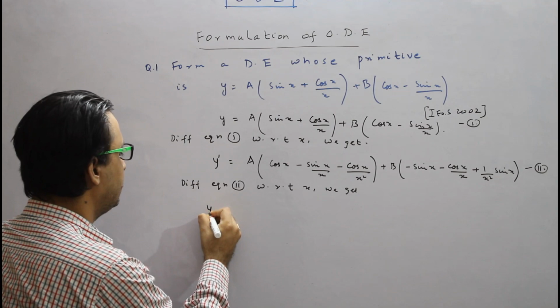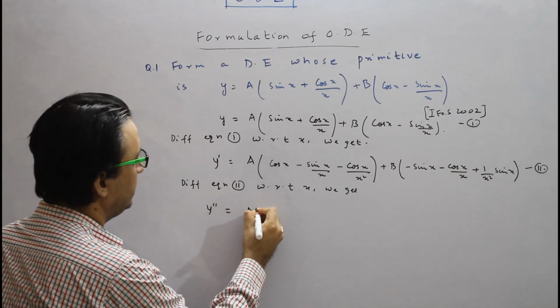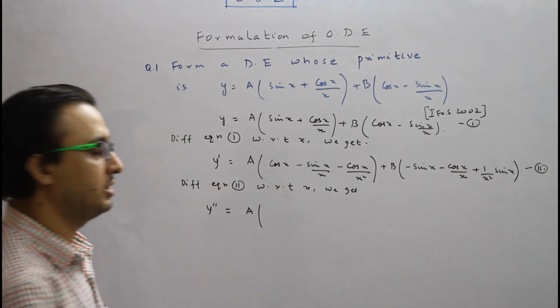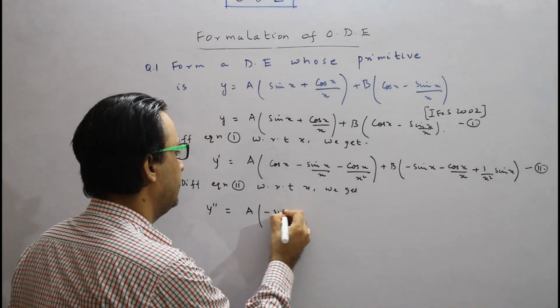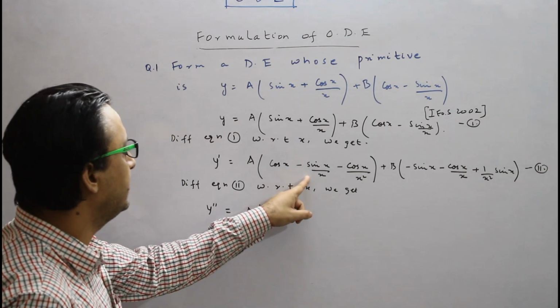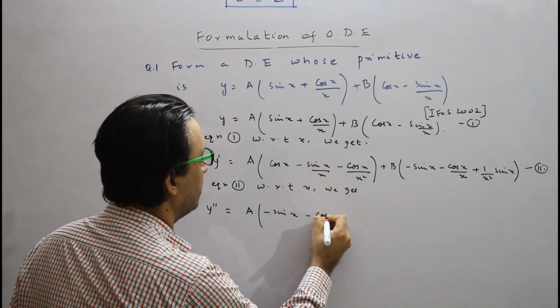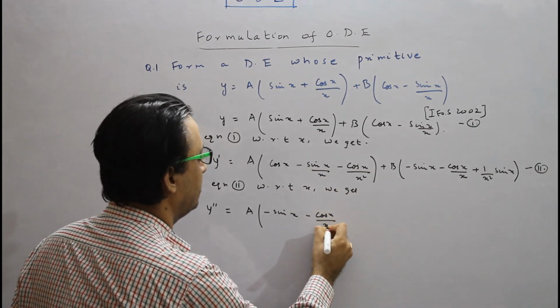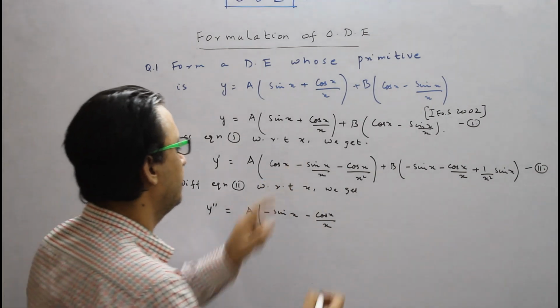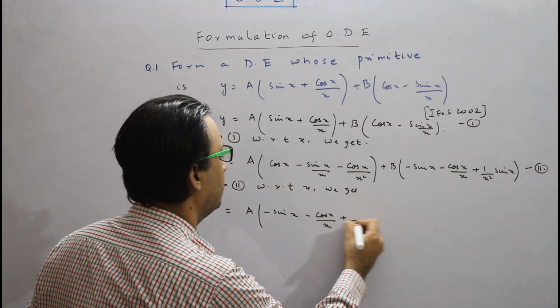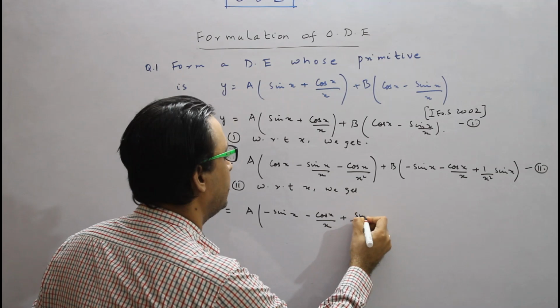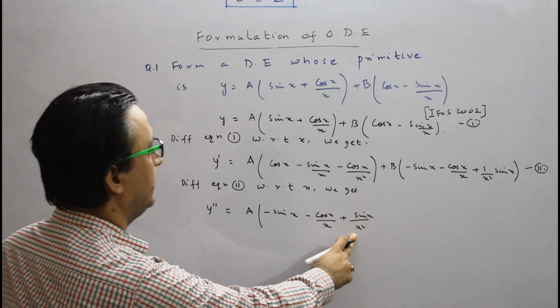So y double dash is equal to a times the differentiation of cos, which is minus sin x, and here we will keep this one constant, 1 by x. Again for this part it becomes sin x by x square.